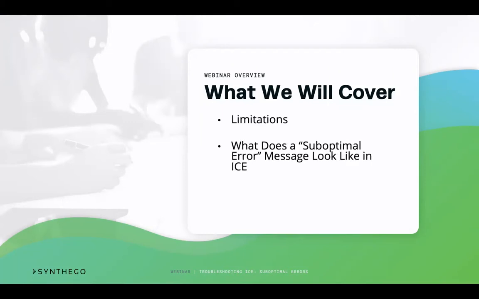Next, we will take a look at what suboptimal error messages look like in ICE. Lastly, we will discuss possible causes and suggest solutions to fix the suboptimal error messages ICE is producing with your results. Remember that you can download a PDF copy of the full slide deck to follow along and take notes during this webinar adventure. Let's get started.